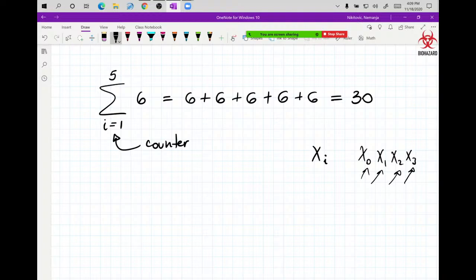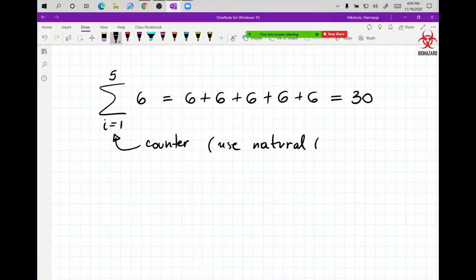So it counts over natural numbers, which are also known as counting numbers. So I say counter, and I use natural, also known as counting numbers only. That's the only thing you are allowed to use in that index.